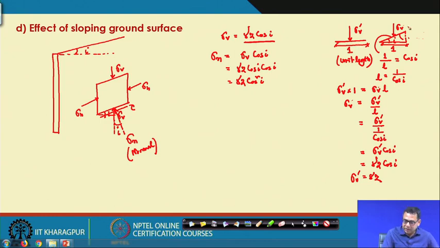So this way you can write that the stress which is acting on the inclined plane will be sigma z into cos i.